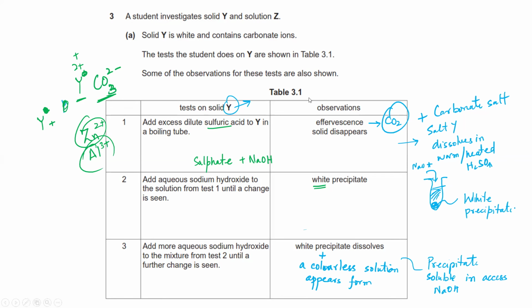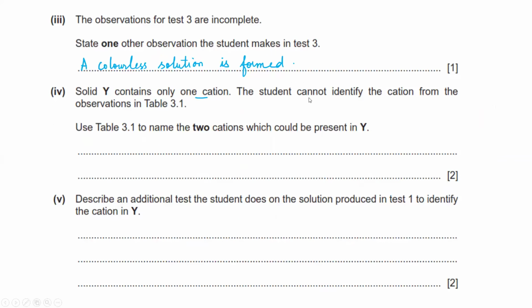So name two cations: zinc, Zn2 positive, and aluminum, Al3 positive.